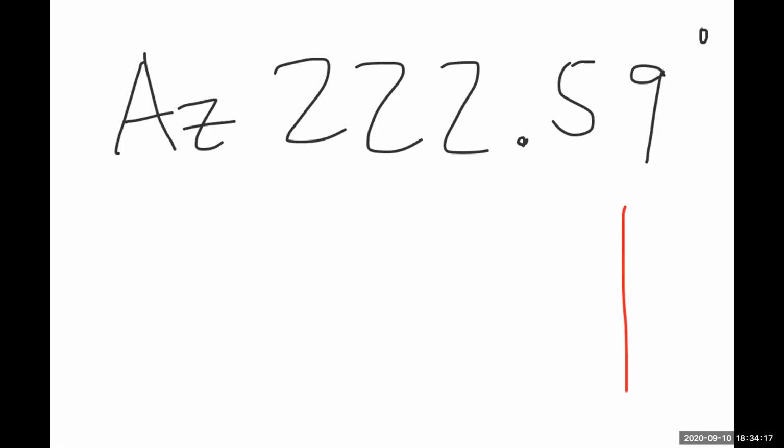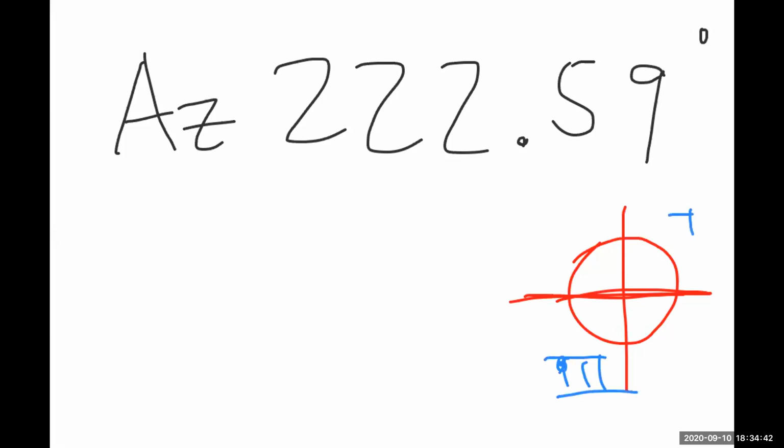So I always draw my little cross in my circle. The first quadrant is 0 to 90, so we know that it's past that. The second quadrant is 90 to 180, so we know that it's past that. And then the third quadrant is down here. This is the third, this is the first, this is the second, and this is the fourth.